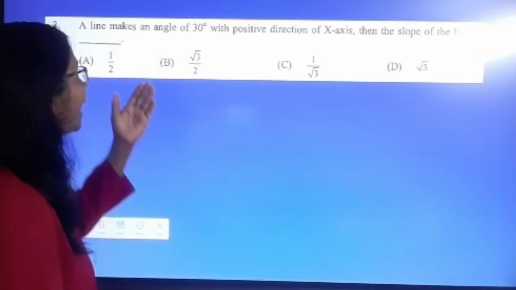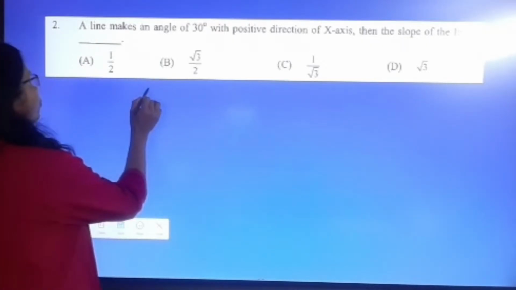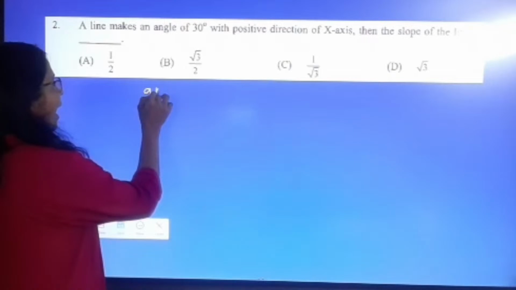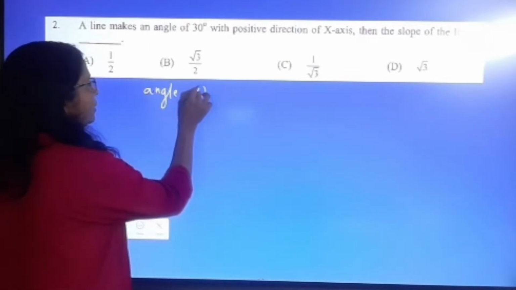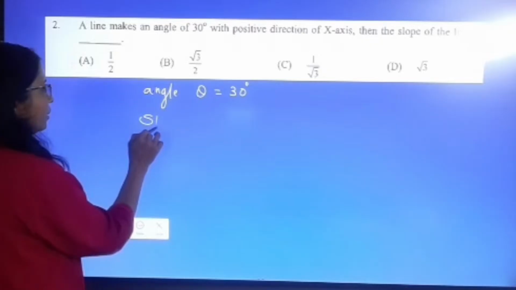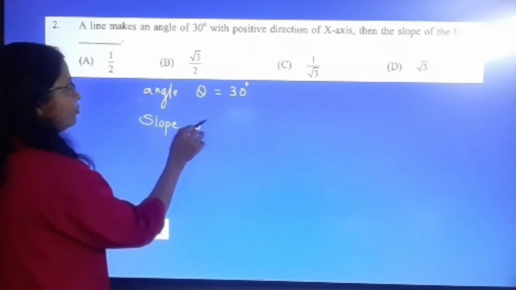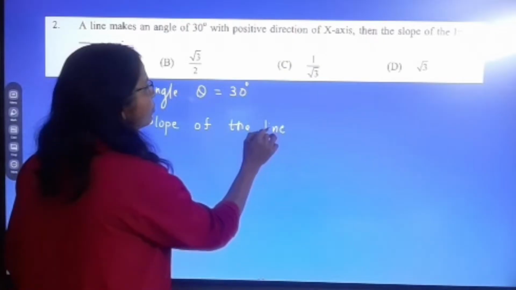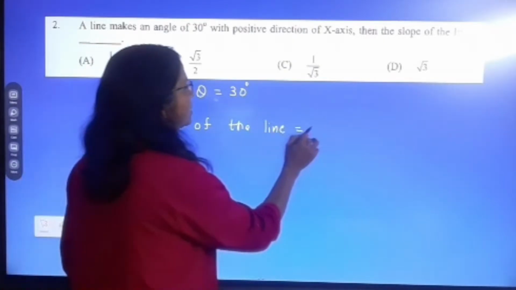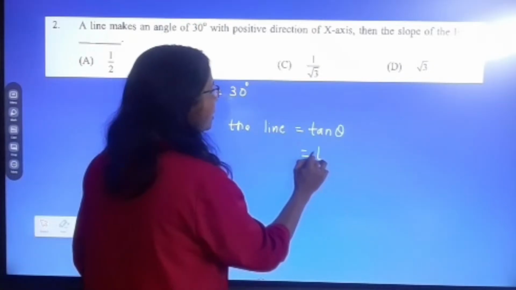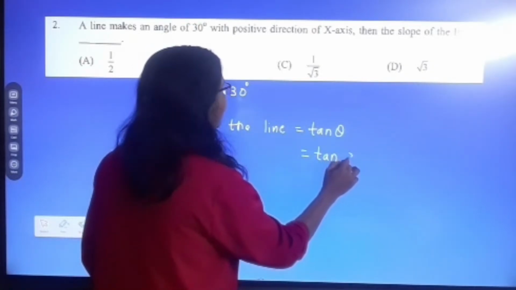So here the angle is given, students. We say that the angle theta is equal to 30 degree, and then the formula becomes slope of the line. The slope of the line with respect to theta becomes tan theta, which is equal to tan 30 degree.